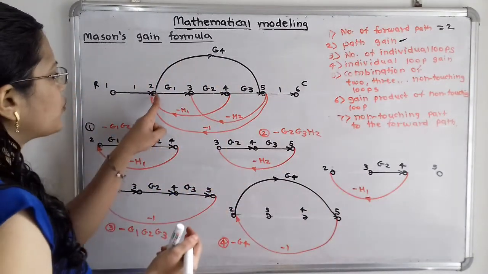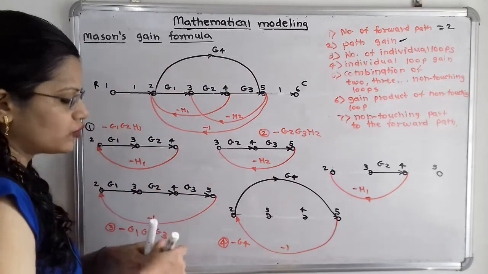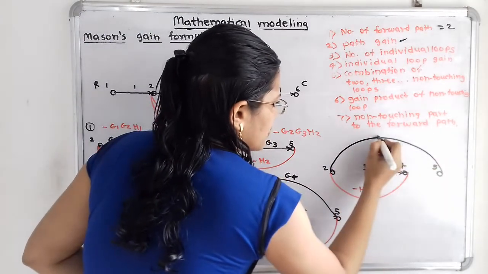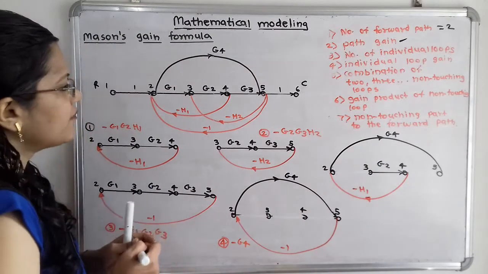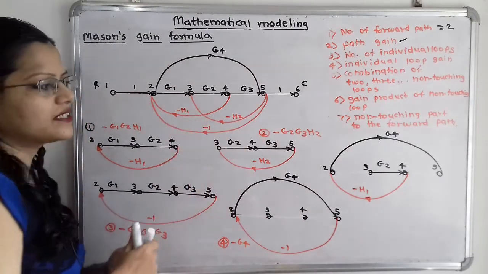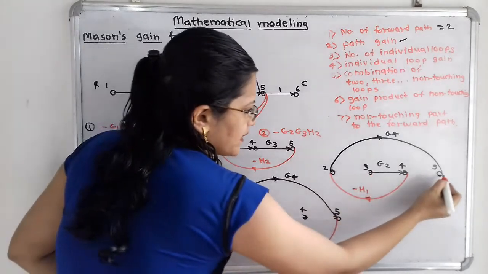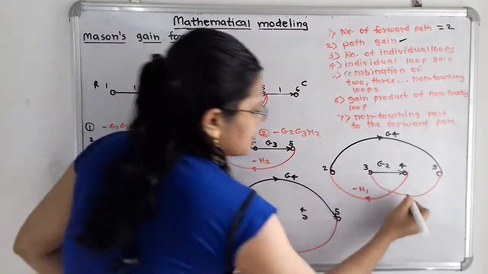Again, from node 2 to 5 there is a forward path with gain G4, and then from 5 to 3 there is a feedback path. So if we observe, this loop starts at node 3 and ends at the same node. So here the gain is minus H2.